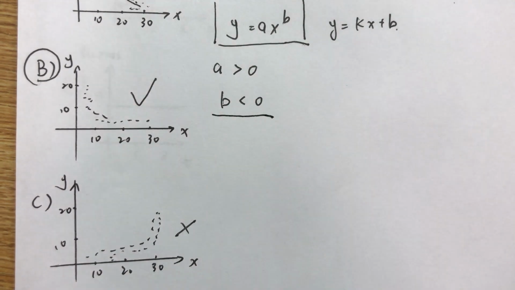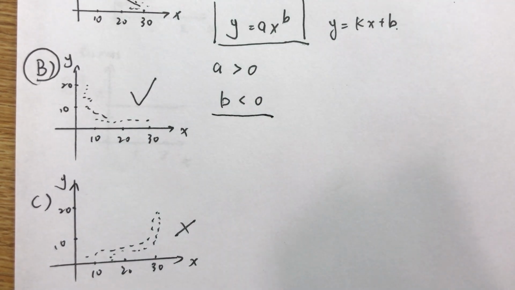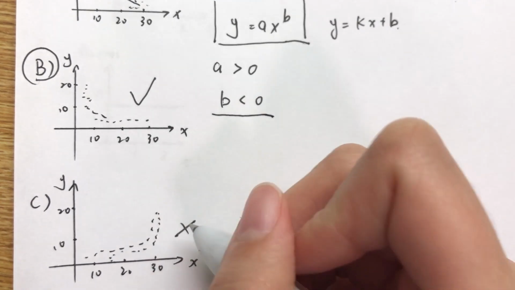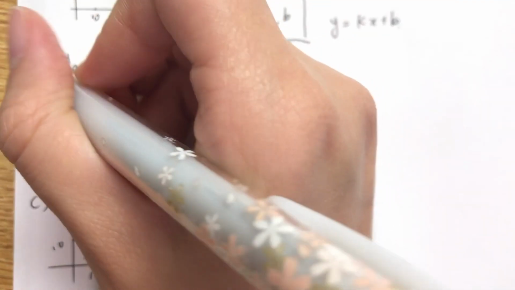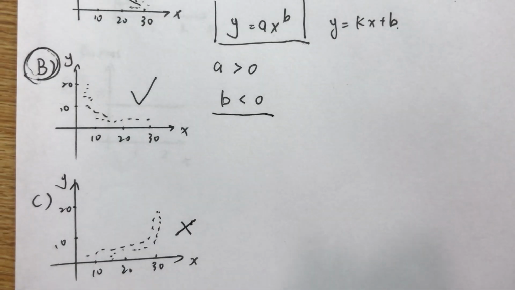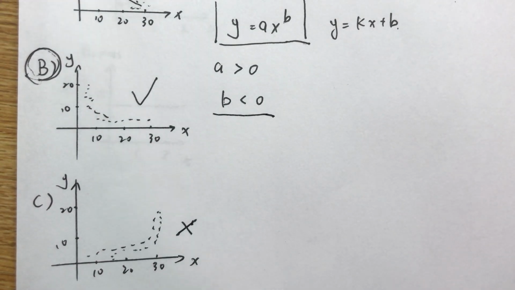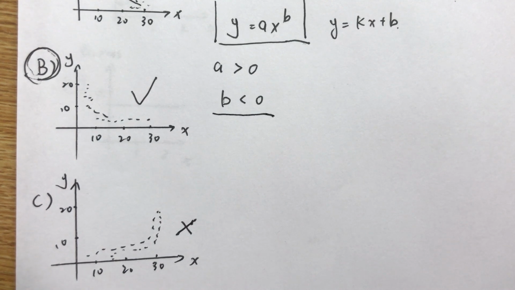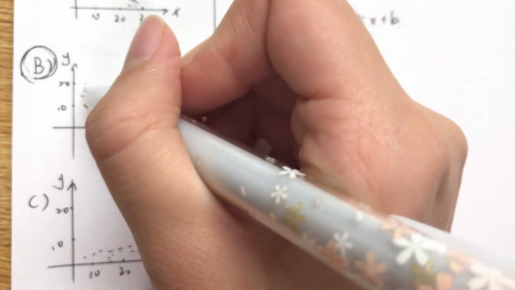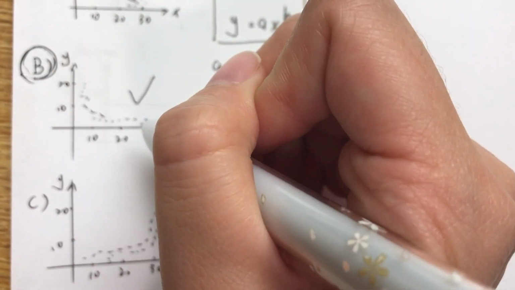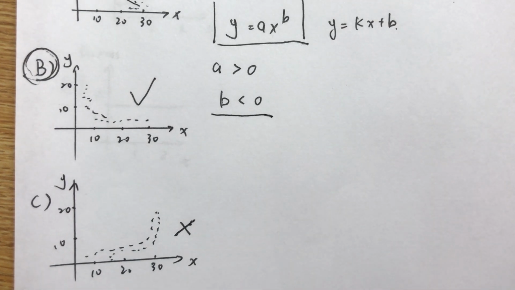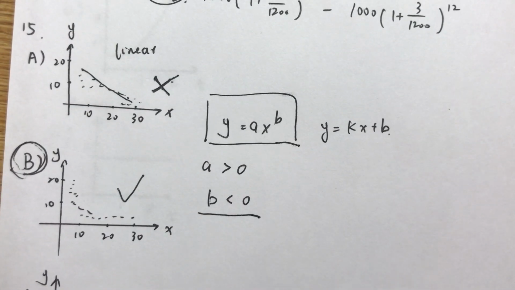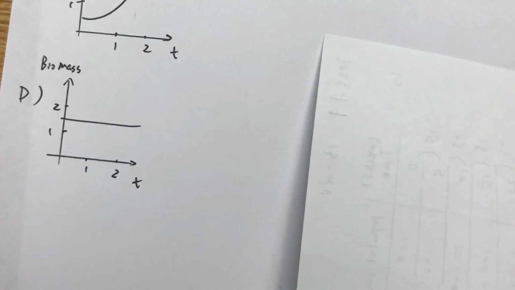So if the graph is decreasing, the answer cannot be choice C, so we eliminate choice C. The correct answer should be choice B. The reason is the graph is rapidly decreasing, and the y-intercept is positive. So the correct answer is choice B. Then we move on to question 16 and 17.